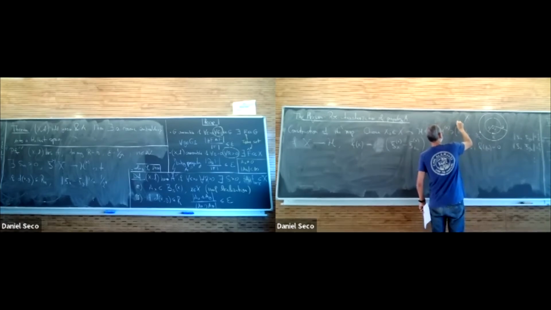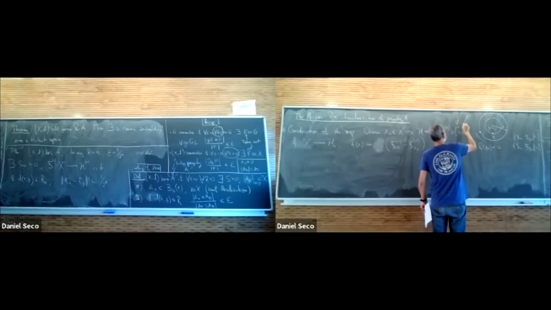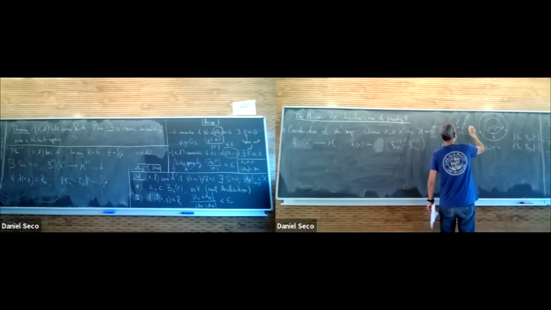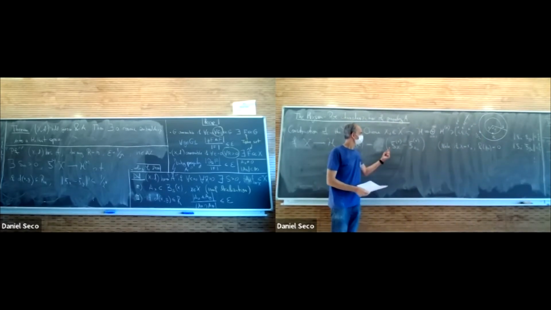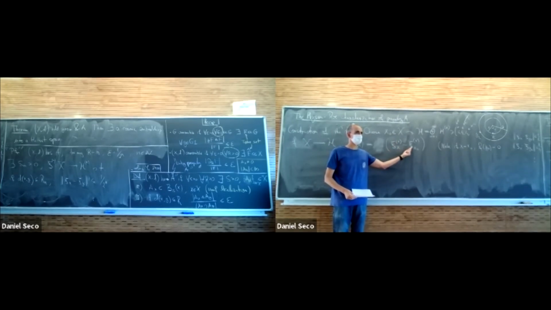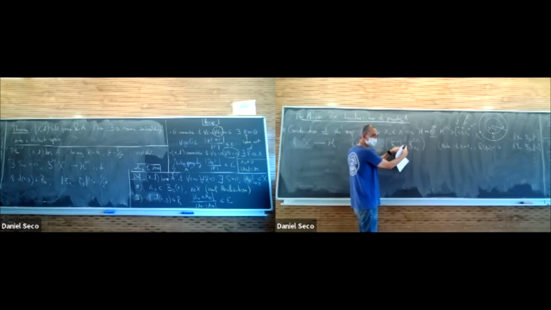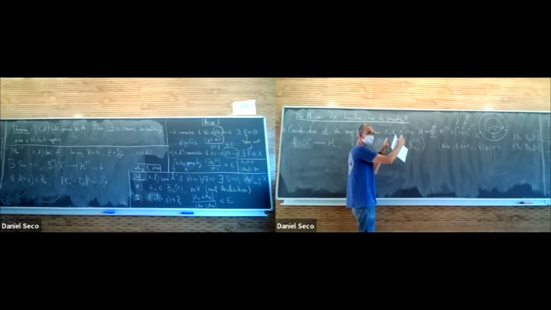This guy lives in H1, H2, H3. This is a vector in Hn, and this subtraction is a linear operation in Hn at the component Hn. It's like summing components of a vector.